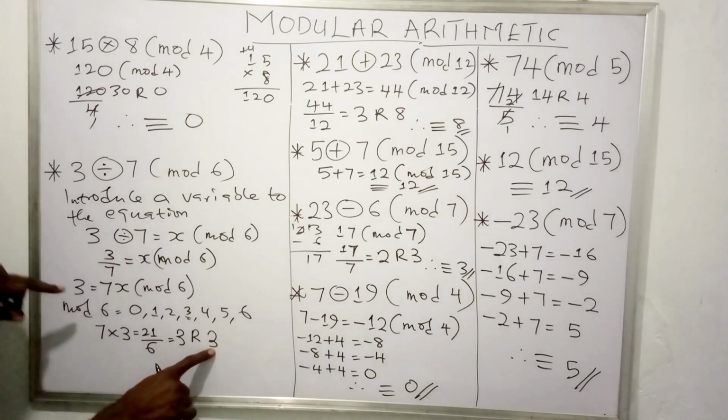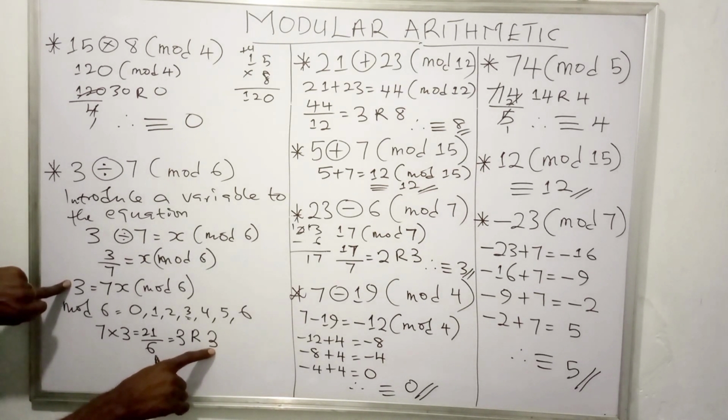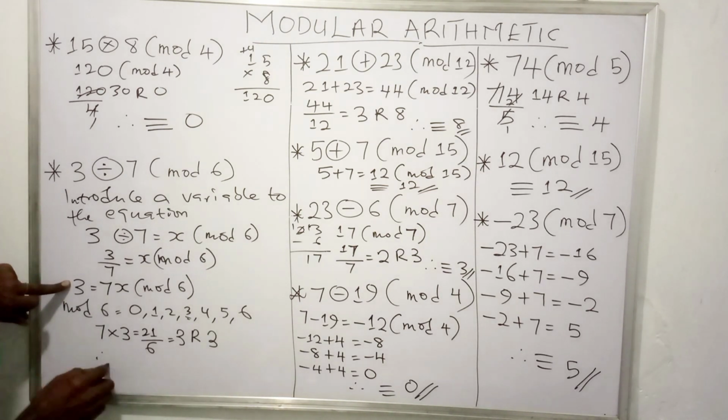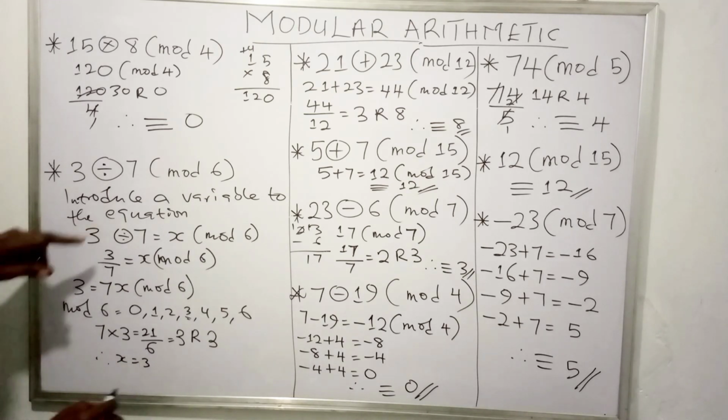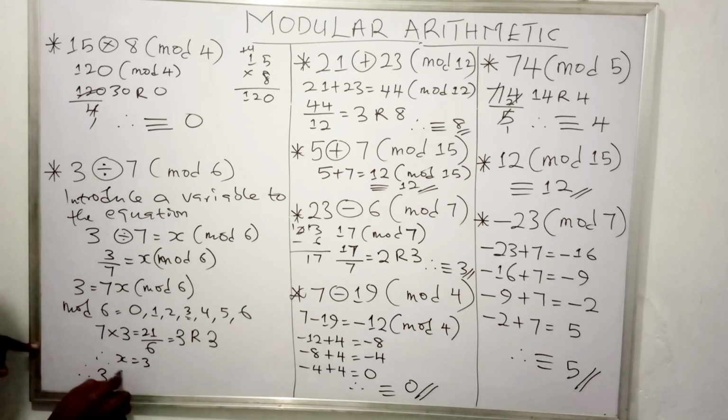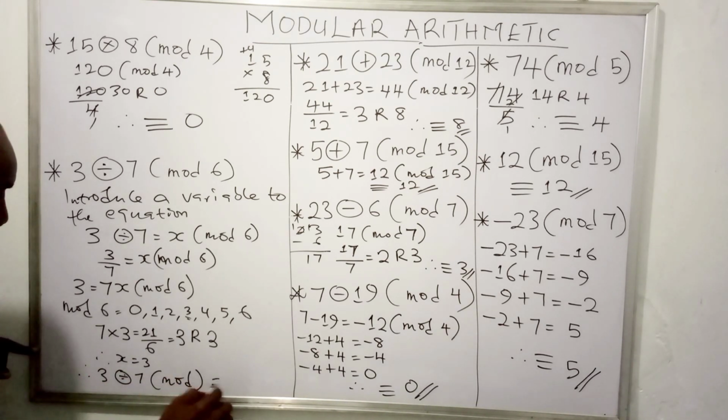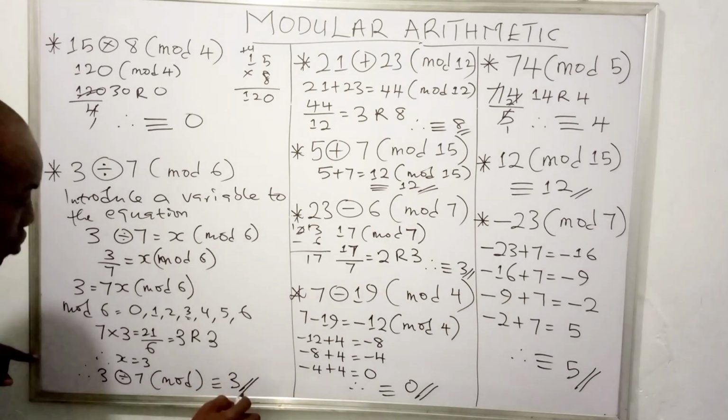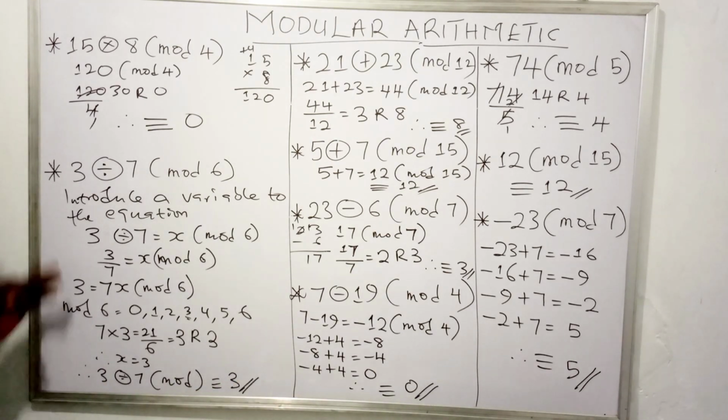So the remainder here corresponds with the remainder that is here. Therefore, the value of x here is 3, which means that 3 divided by 7 in mod 6 is 3. The answer is 3.